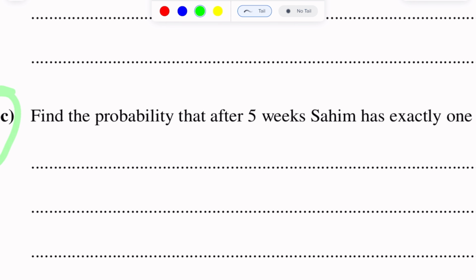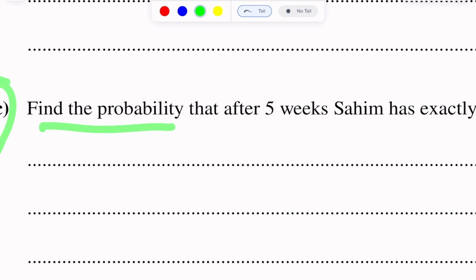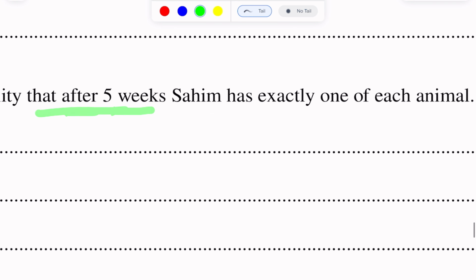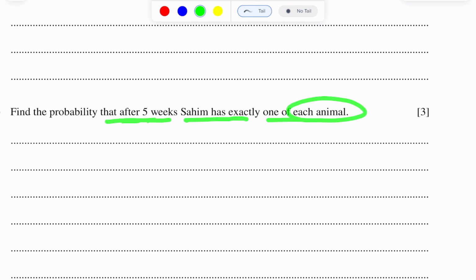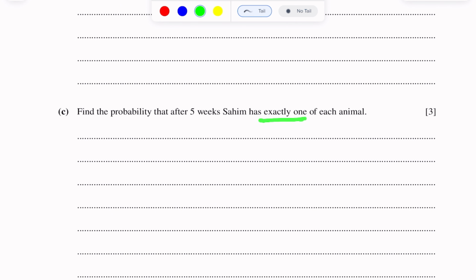The next part C of this question is: find the probability that after 5 weeks, Sahim has exactly one of each animal. Exactly one of each animal. First, we write the animals.